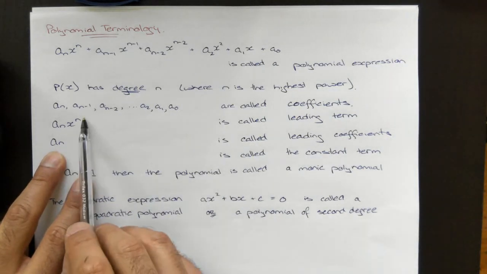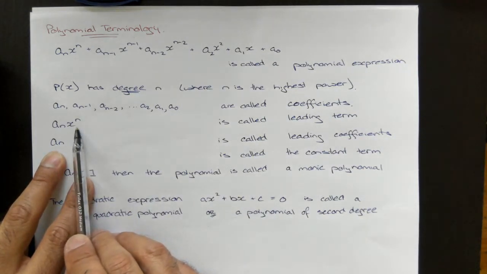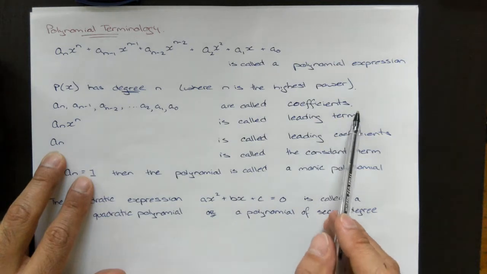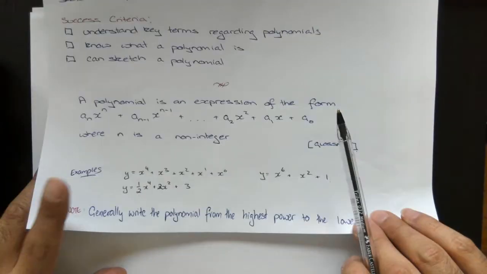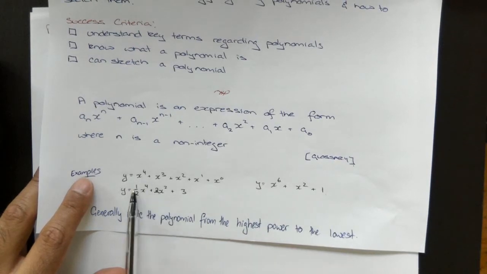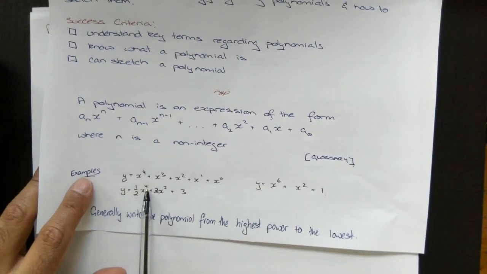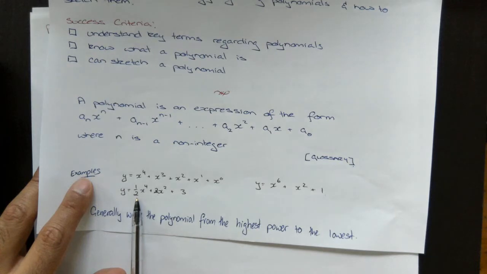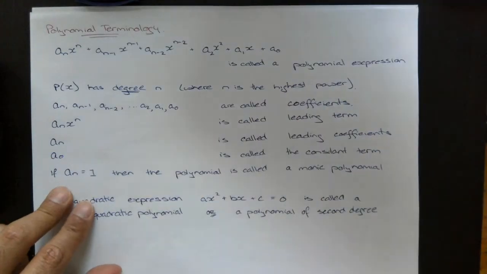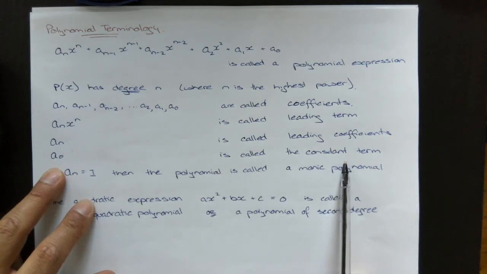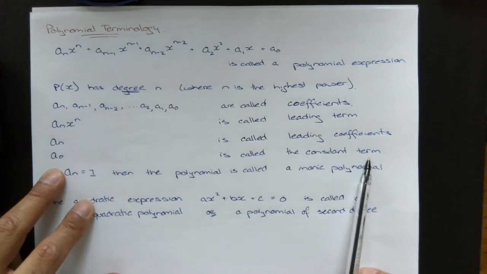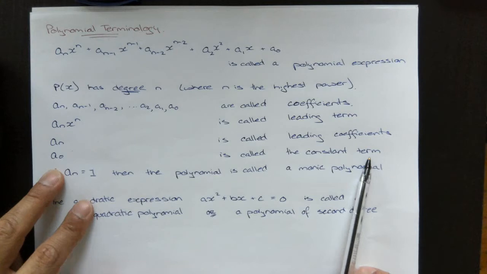a_n, which is the part in front of the x to the n, so whatever is your leading term will have a leading coefficient. All of these were 1, but for the leading term of a half x to the 4, the leading coefficient is a half. And then obviously a_0 is the constant term, the last term that has no x in it.